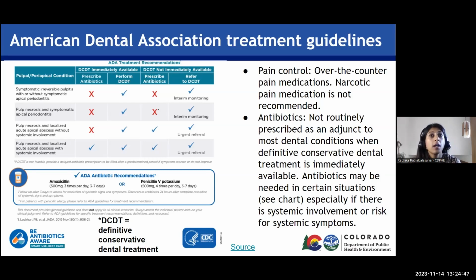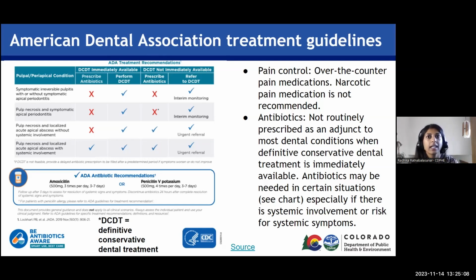Antibiotics are not routinely prescribed as an adjunct to most dental conditions when you have access to definitive conservative dental treatment. And antibiotics, in light of that, may be needed in certain situations, especially if there's systemic involvement.